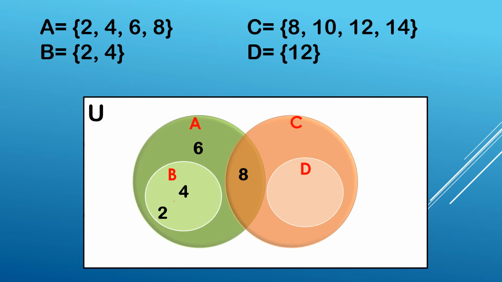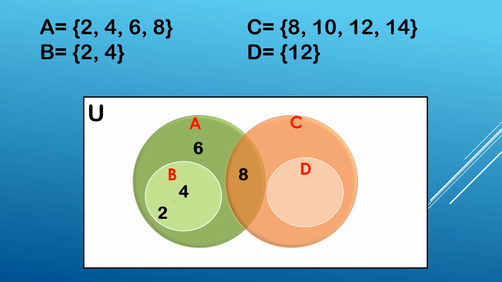Then, let's go back to set C. Tingnan natin si set C. Okay, kung napapansin ninyo, may common elements si set A at saka si set C. At yan ang element na 8.